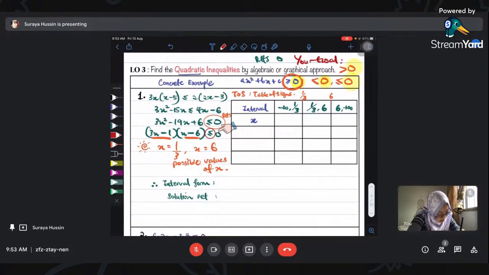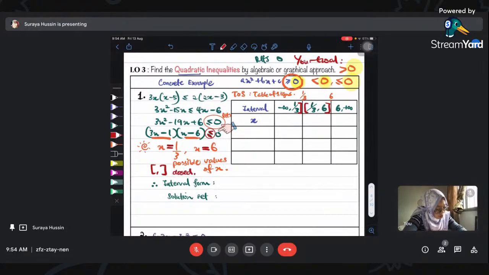Kalau less than or equal, sebenarnya ada equal sign ni yang menunjukkan, oh, when there is an equal sign means included lah. Included untuk every numbers. Numbers ya, saya tak kata infinity. Every numbers yang ada 1/3 dan 6, you closekan bracket sebab dia adalah equal. Sebab itulah you buat close bracket.